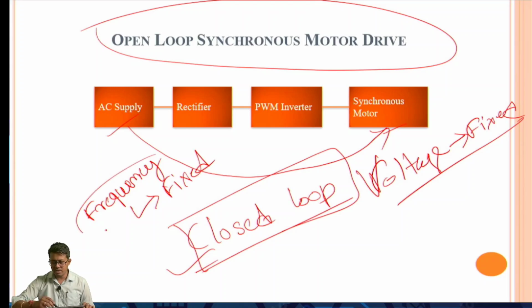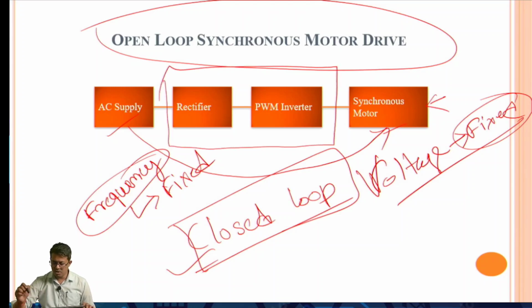If both the voltage and frequency are fixed, we cannot control the speed of this synchronous motor. So there are some components connected in between the supply and the synchronous motor, that is a rectifier and a PWM inverter. These are power electronics converters. The rectifier converts AC to DC, and again the inverter converts this DC to AC.